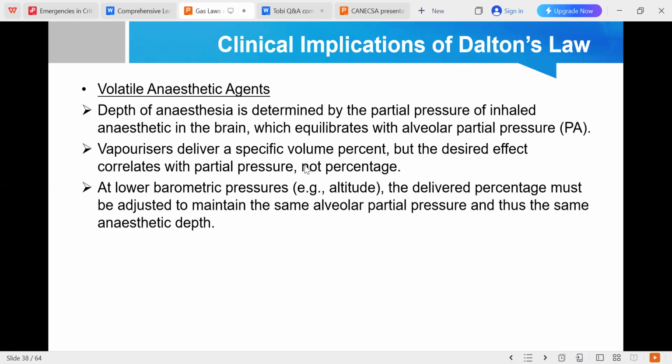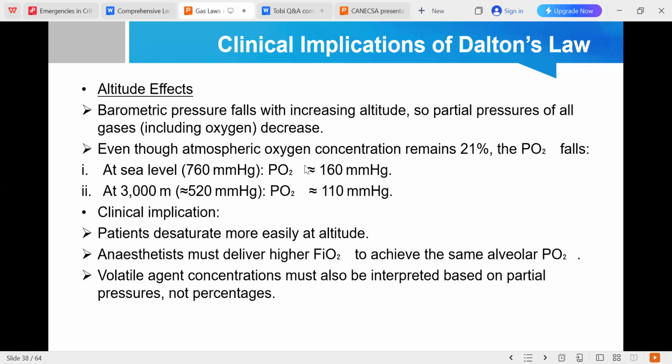Vaporizers always deliver a specific volume percentage, but the desired effect correlates not with the delivered percentage but with the partial pressure. So at lower barometric pressure, for instance at high altitude, the delivered percentage must be adjusted in order to ensure that you have the same alveolar partial pressure and depth of anesthesia.